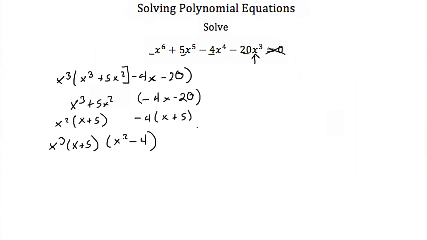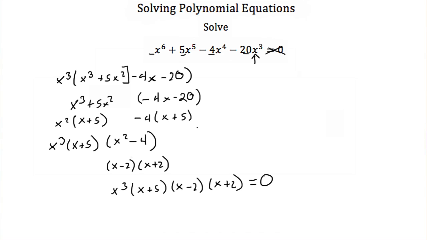Now x squared minus 4 is a difference of squares, so it can be factored into x minus 2 times x plus 2. So then our factored equation is x cubed times x plus 5 times x minus 2 times x plus 2, and all this is equal to 0.